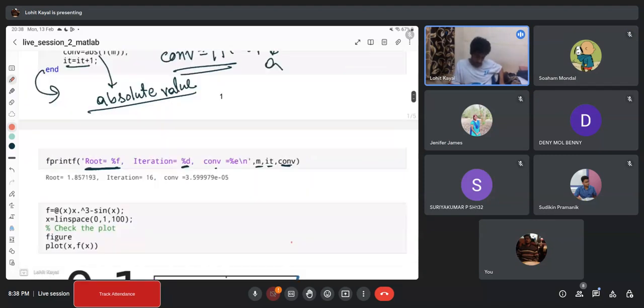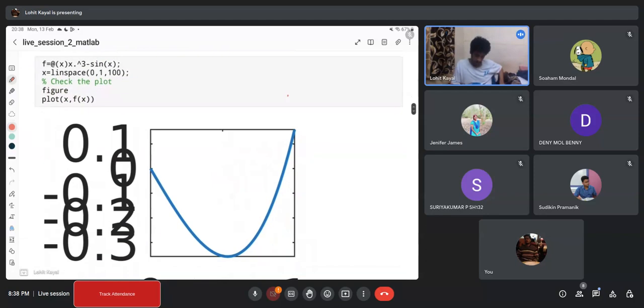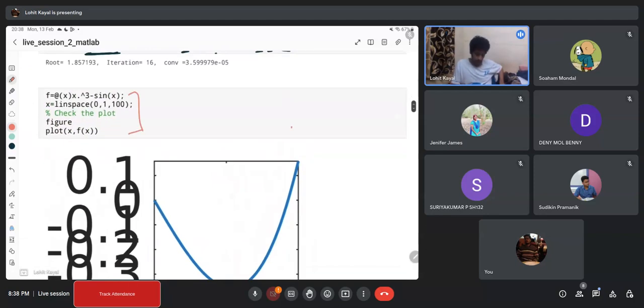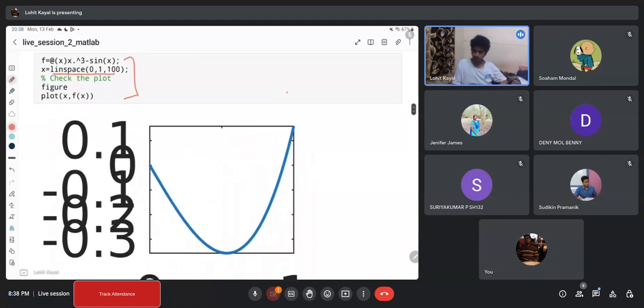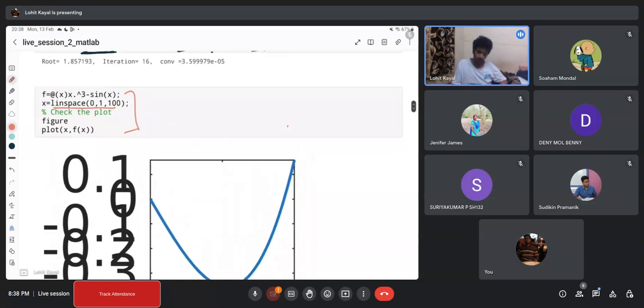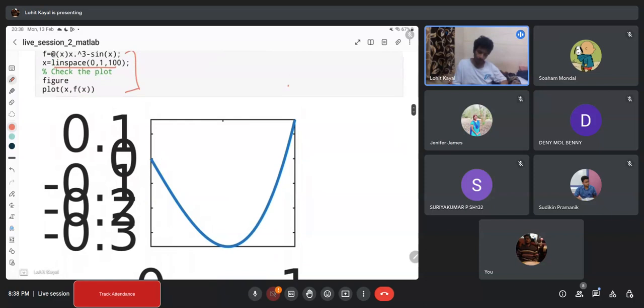So this bisection idea is clear. Next, go to the next problem. Same thing, here the function is x cubed minus sin x. I am plotting it. Obviously x equal to 0 is a solution, but I don't want the trivial solution x equal to 0; I want some other solution.